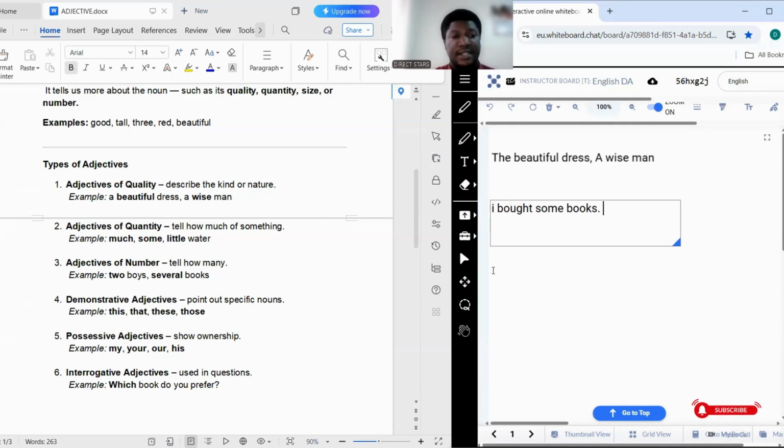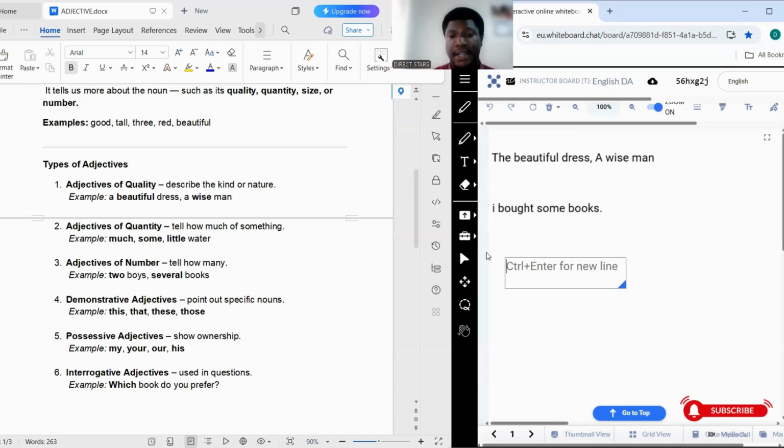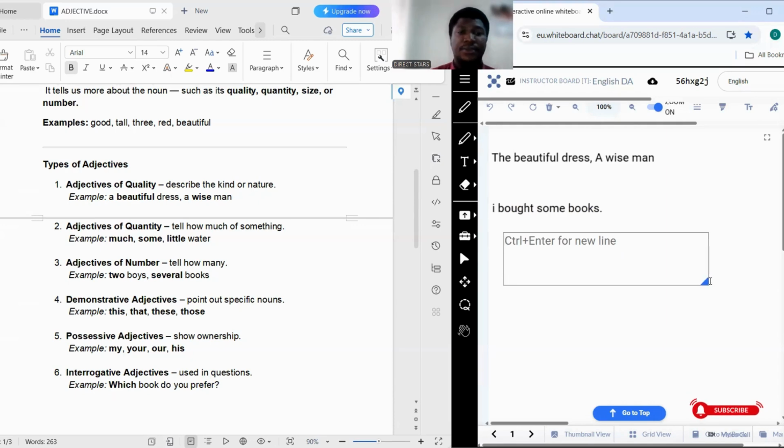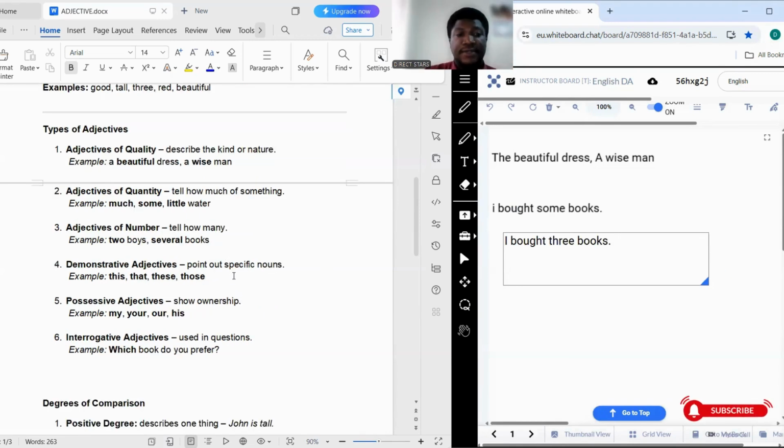We also have adjectives of number, which tell us how many. Now, that is quite simple. It's in the name. If we say, how many books did you buy? I bought three books. That shows us the number of books in the sentence. Demonstrative adjectives point out specific nouns.